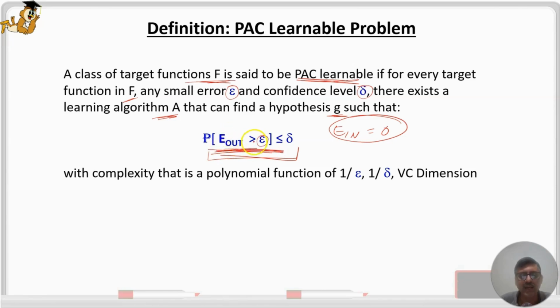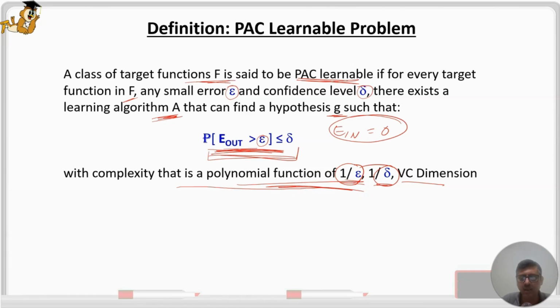And you can essentially find, there exists a learning algorithm A which can ensure this with a complexity that is a polynomial function of 1 upon epsilon, 1 upon delta, and the VC dimension. Now, earlier we saw it was polynomial in the VC dimension. We saw that earlier, and we said that we could find a hypothesis set for any value of epsilon and delta, and that is what this essentially says. Okay, so that is what this definition is.